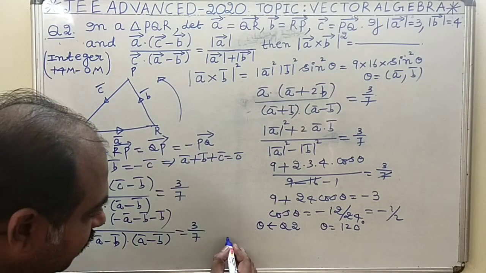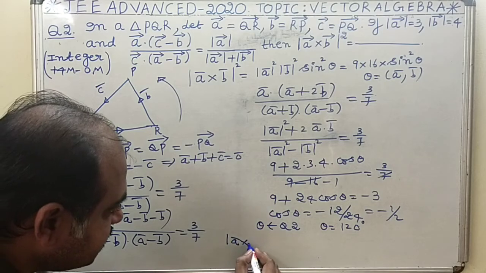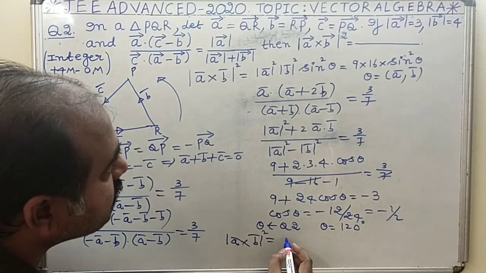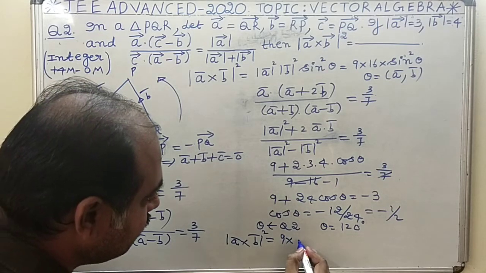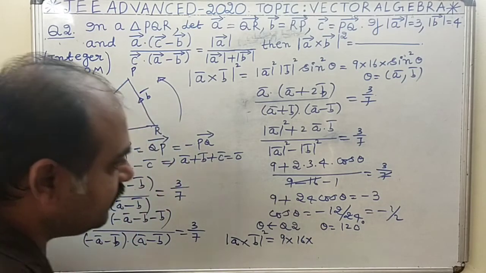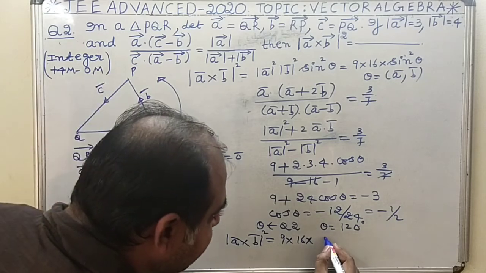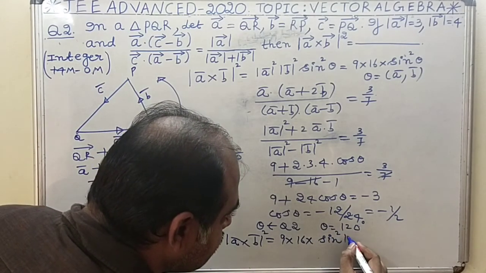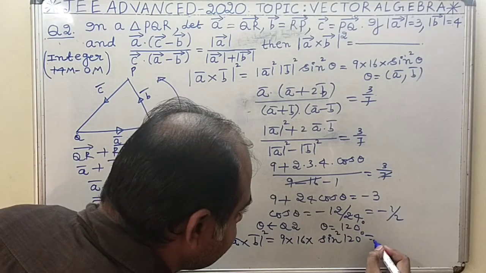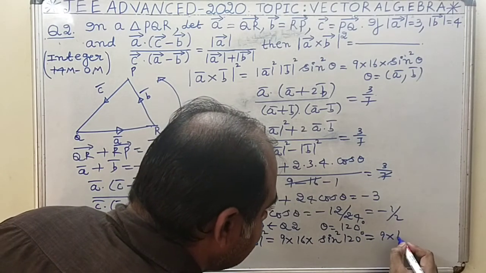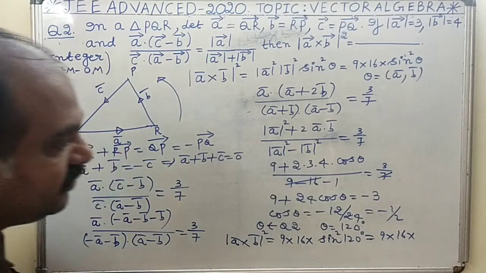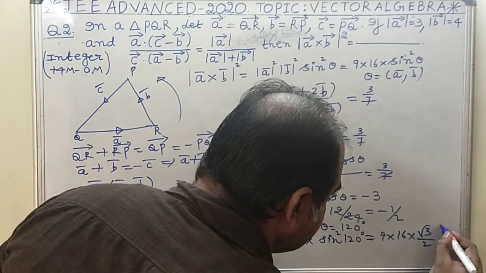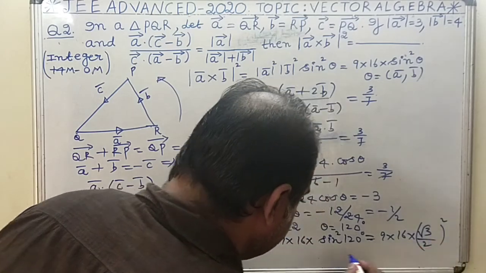Now everything you know. This is just a basic problem. So 9 into 16 into sine square 120. Sine 120 is root 3 by 2, whole square.